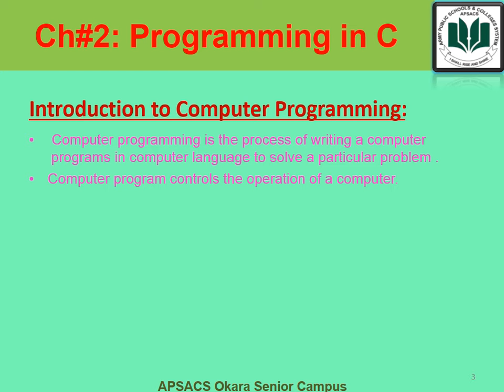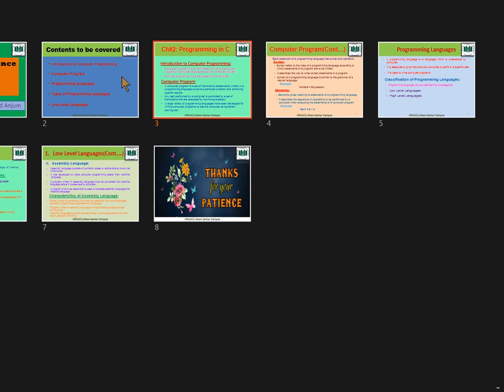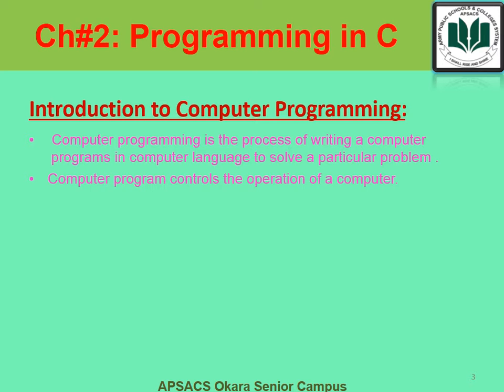Any task which is performed by a computer is controlled by a computer program, and the computer program is written in a computer language. It may be any kind of language: C, C++, Java, Haskell, COBOL. There are many languages in which computer programs are written.